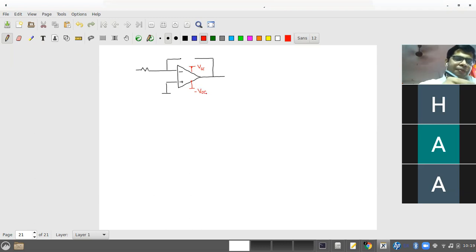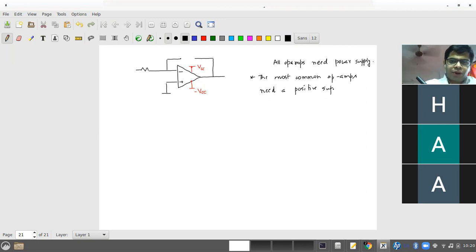Typically, all op amps need a power supply. The most common op amps need a positive supply and a negative supply.